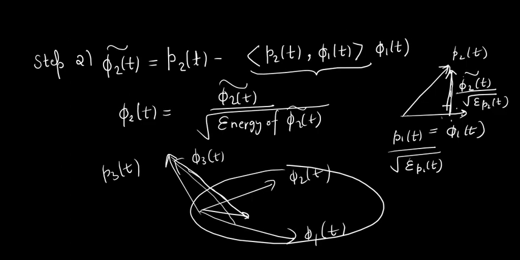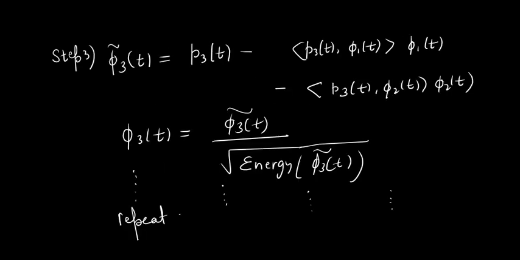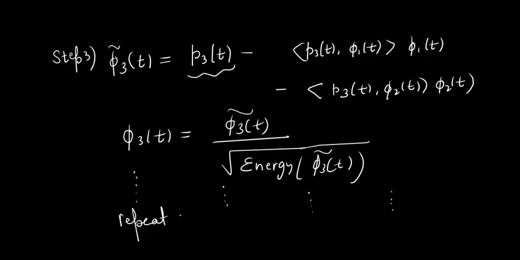Till step 2 you had only one phi 1(t), so you had to project your p(t) over phi 1(t). Now you have two orthonormal bases with you. So you first see, whatever bases I have, what is the amount of p3(t) along the given bases, and for the rest you have to design a new one, right.